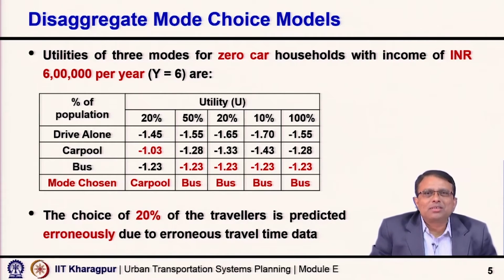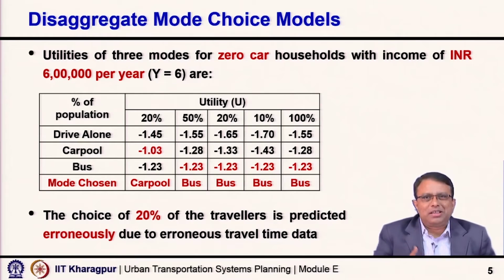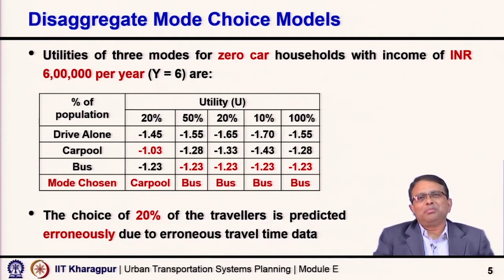So, you can see clearly that we shall make erroneous prediction for 20% of the travelers just because of the measurement error in the travel time data.